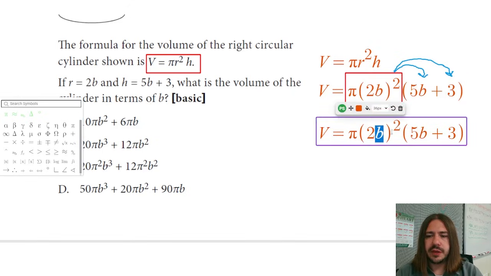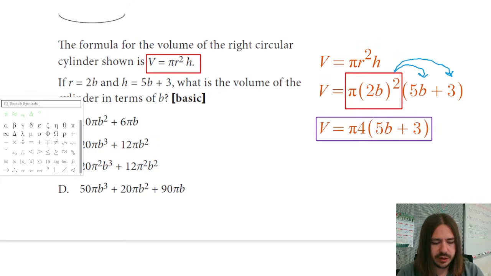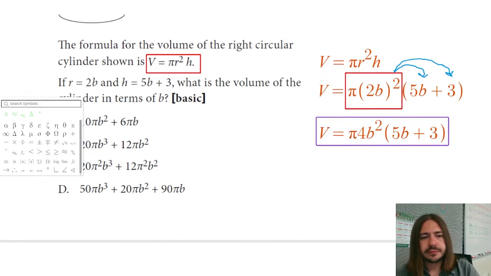So 2b squared would be 2b times 2b. 2 squared is 4, and b squared is just b squared. Now, usually you'll write the pi after the integer coefficient here, so I'm going to just move this pi over, and I'm allowed to do that because multiplication is what we call commutative, and the order doesn't matter. A times b is the same as b times a.